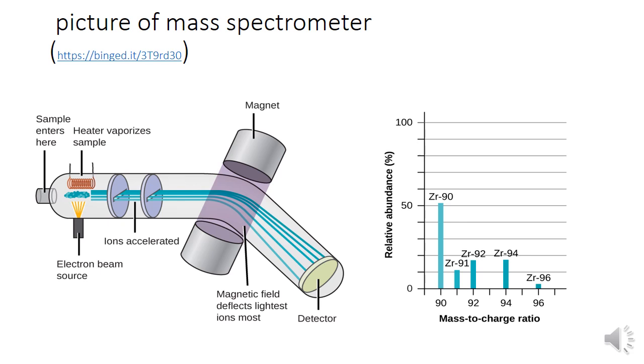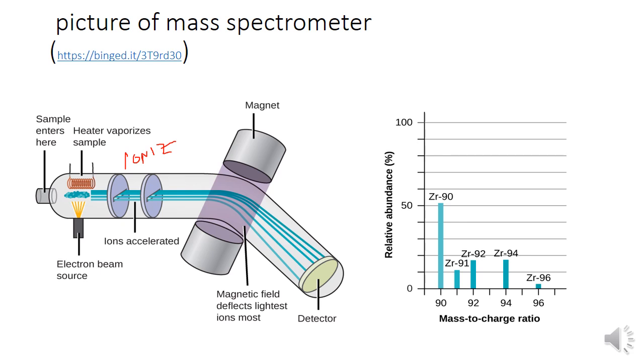By heating this sample, it then moves to be ionized. Then they move into the acceleration chamber. After that they move into the diffraction chamber, which is the magnetic one. Here is the ionization chamber.